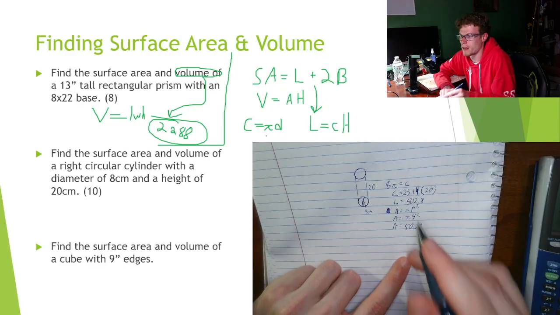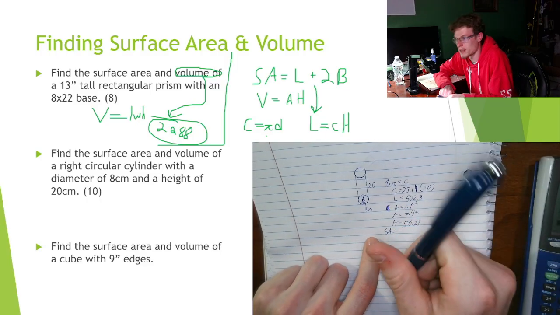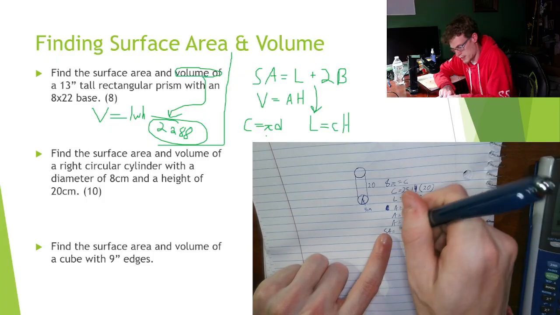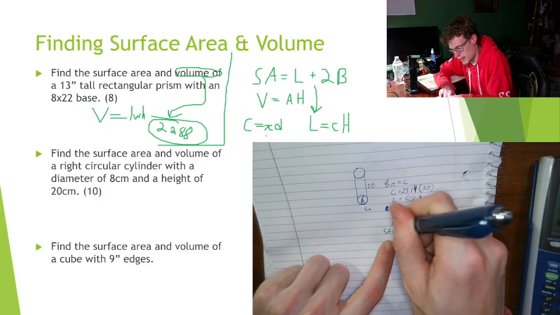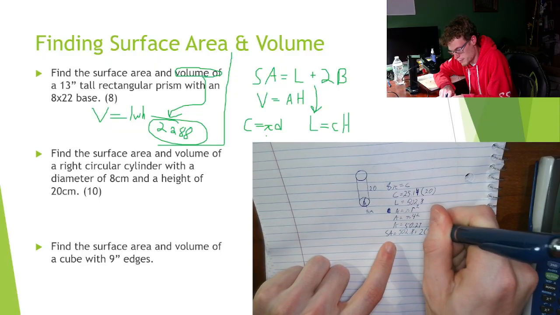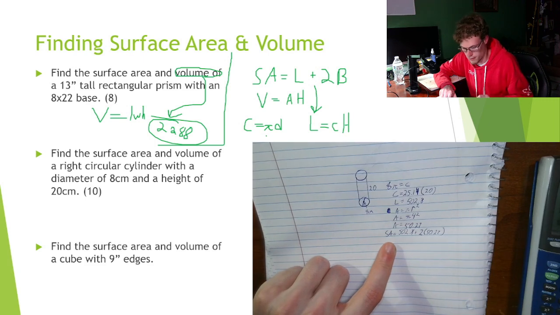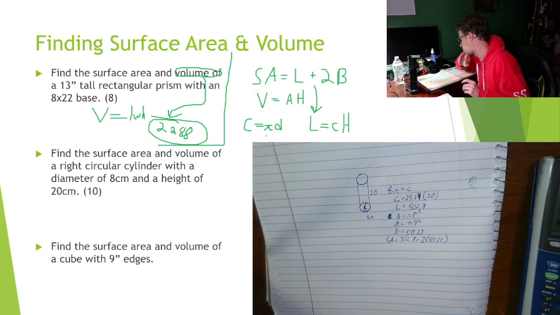That's the area. Now, to find the total surface area, same thing we did with the rectangular prism. The lateral surface area is 502.8 plus 2 times the base of 50.27. So let's do it. 502.8 plus 2 times the quantity 50.27 gives us 603.34.